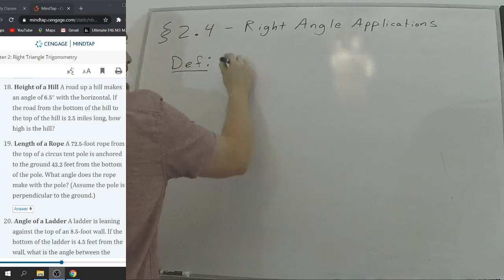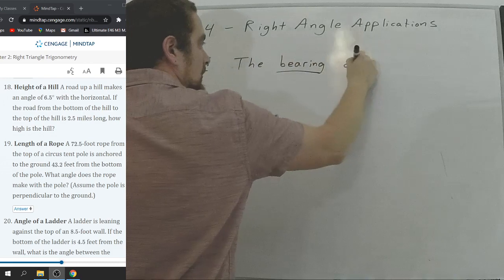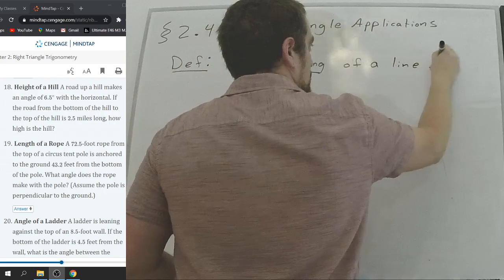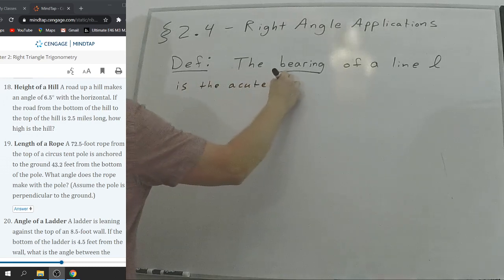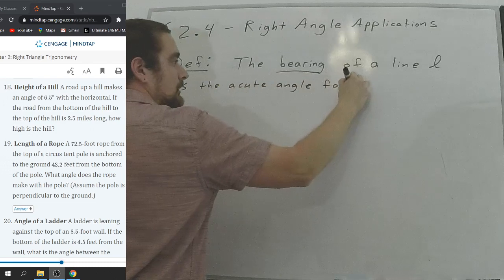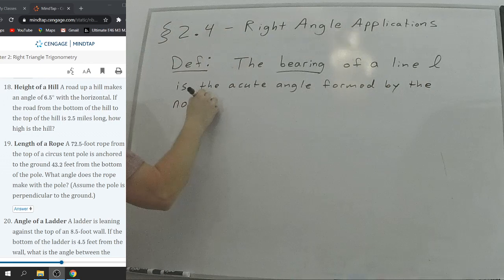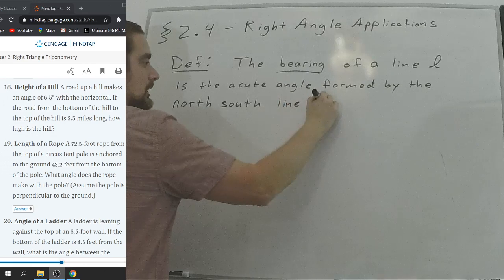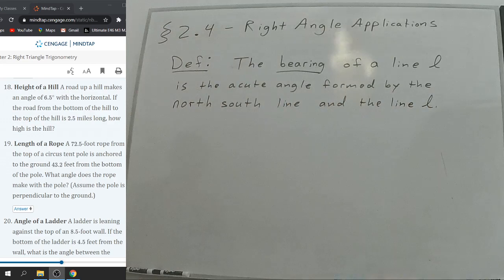We'll say the bearing of a line, we'll call it script L. The bearing of a line L is the acute angle formed by the north-south line and the line L.